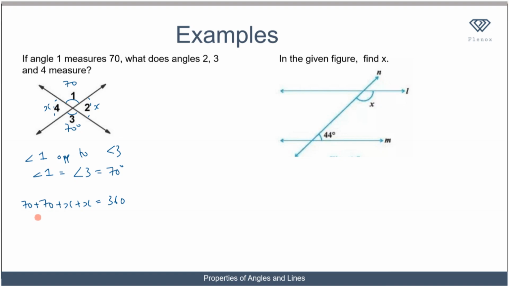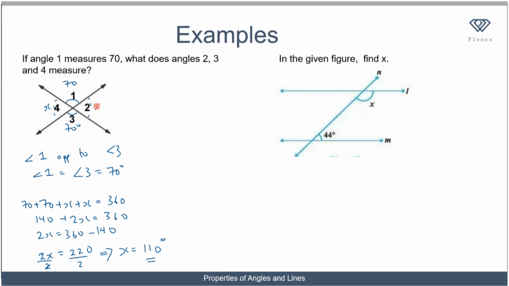So 70 plus 70 gives me 140 plus 2x equals 360. So 2x is equal to 360 minus 140, and this gives me 220. And when I divide both sides by 2, I have x equal to 110 degrees.